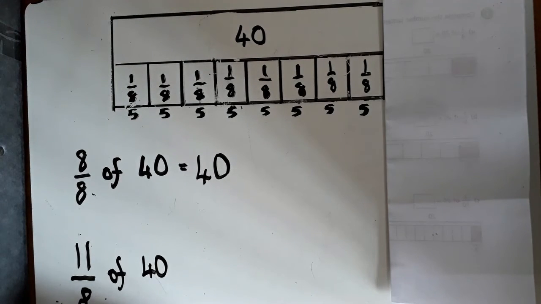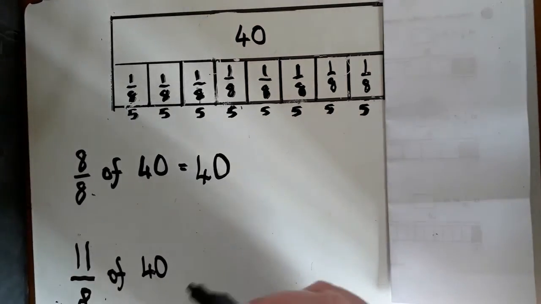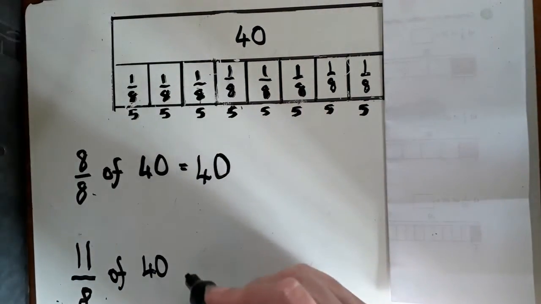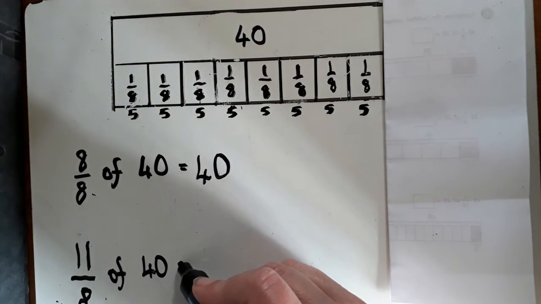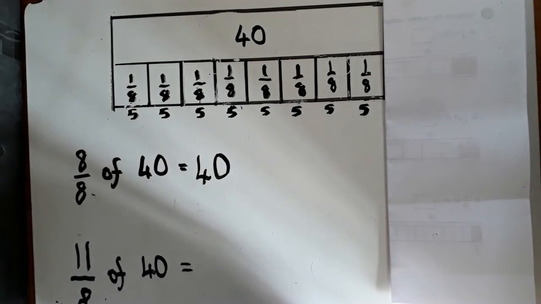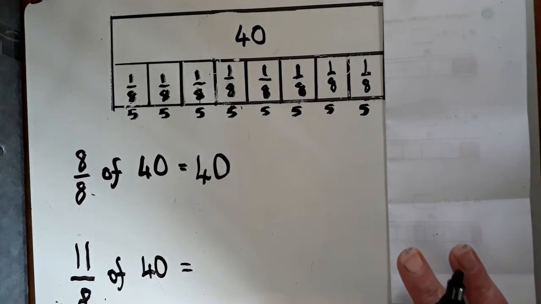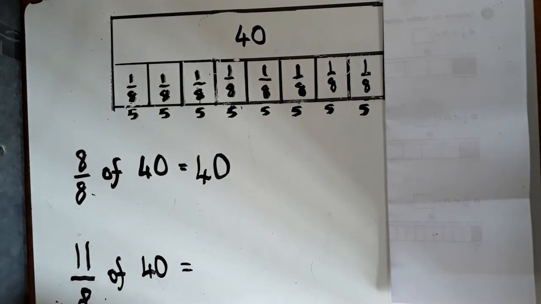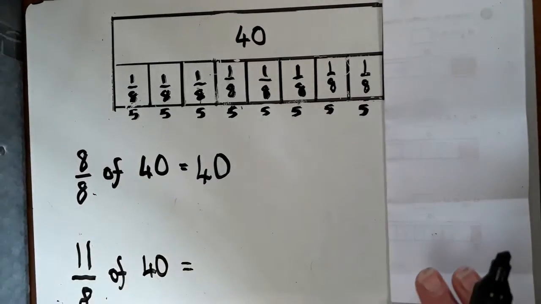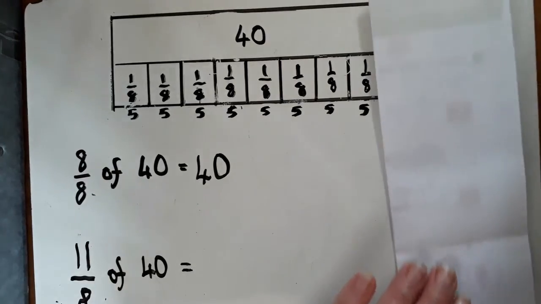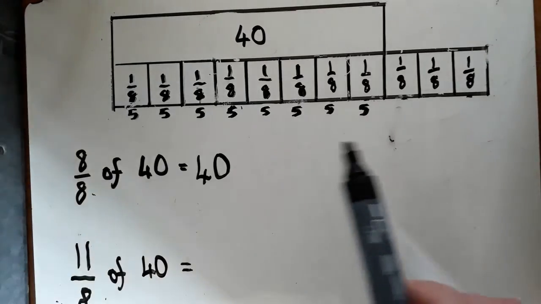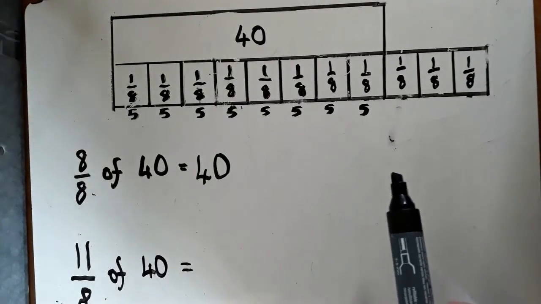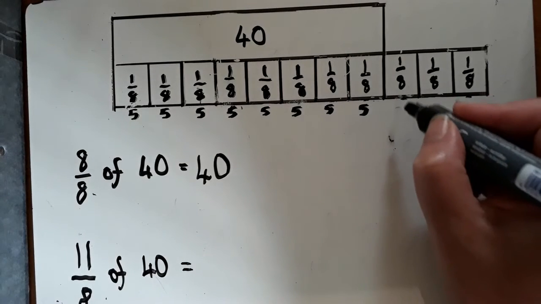It looks really strange, so we're going to apply our knowledge of all of this to help us. The first thing we're going to do is draw on another 3/8 of 40.